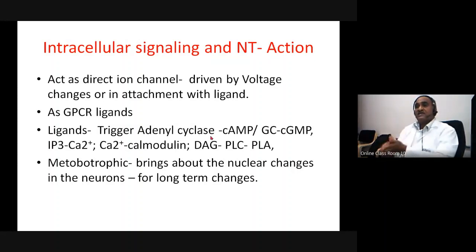So this guanylyl cyclase, again the same thing as cyclic AMP. So now in case of the G protein coupled receptors, we have the alpha gamma units of the G protein. The alpha units activate the diacyl glycerol, gamma units activate the inositol triphosphate.